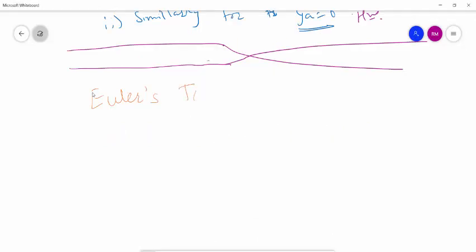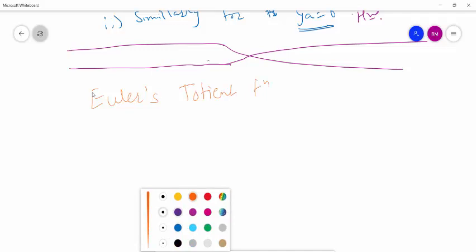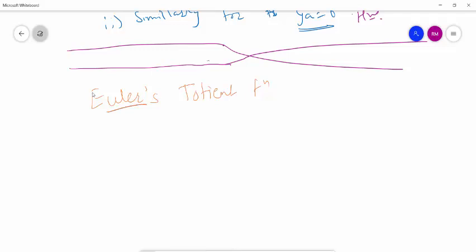Euler's totient function. This is very important in number theory. Though we learned this earlier, since it is important, I would like to revise it.